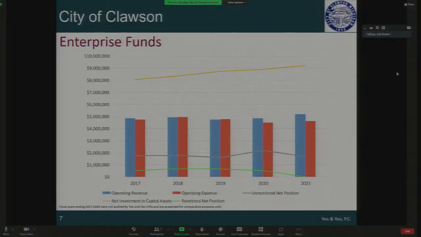Next, we move to the enterprise funds, and if we flip ahead in the statements to get towards those, they begin on page 4-10. I'd like to flip to the operating statement, which is 4-12, however. The red bar chart and the blue represent the operating revenues and operating expenses.